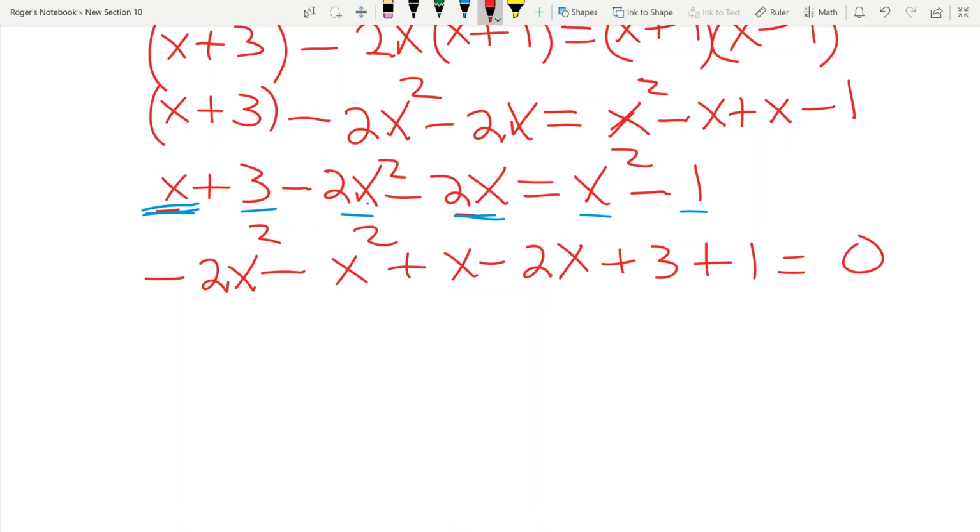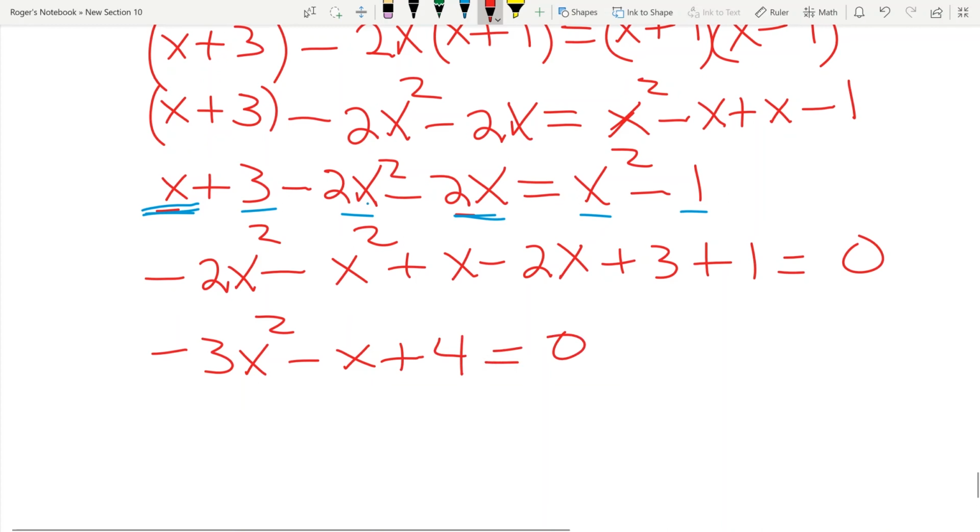Bring everything to the left. Should have taken care of them all. Collecting terms now: minus 2x squared minus x squared is minus 3x squared. Plus x minus 2x is just minus x. Plus 3 plus 1 is plus 4 equals 0.